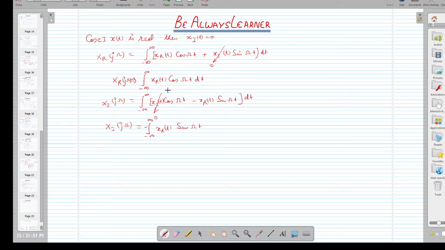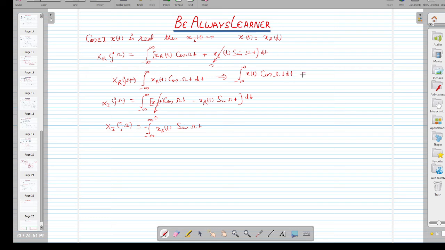And we also know that if x is real, then x t is equal to x r t. If it is so, then we can further modify our derivation by minus infinity to infinity x t cos of omega t dt.